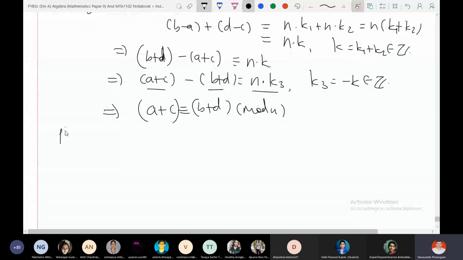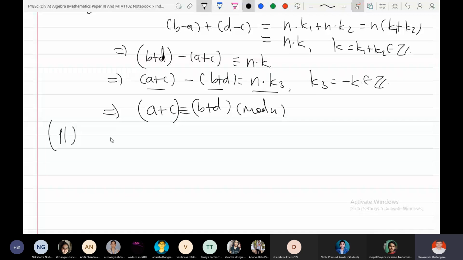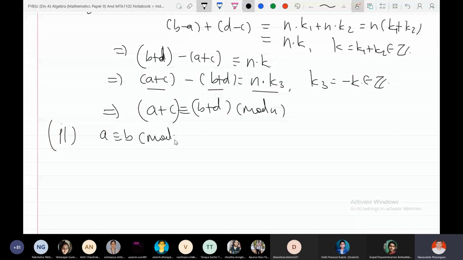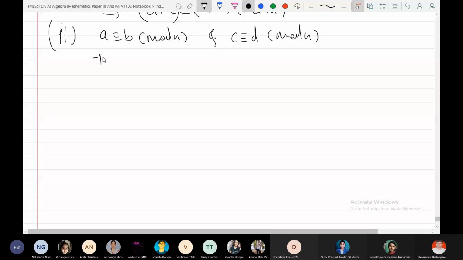Now second, if A is congruent to B modulo n and C is congruent to D modulo n, then what we want is AC is congruent to BD modulo n.